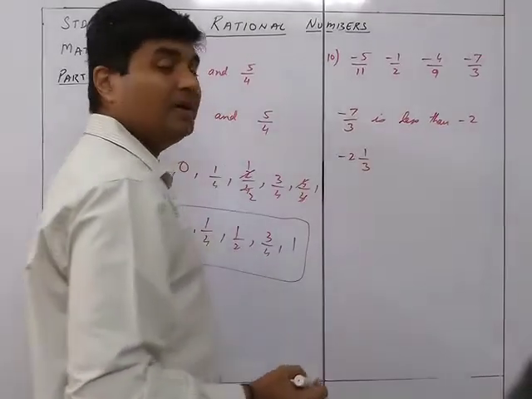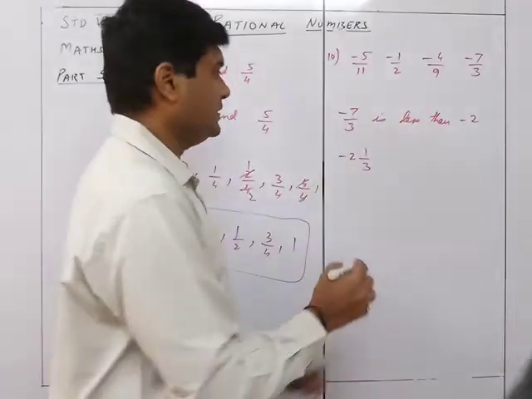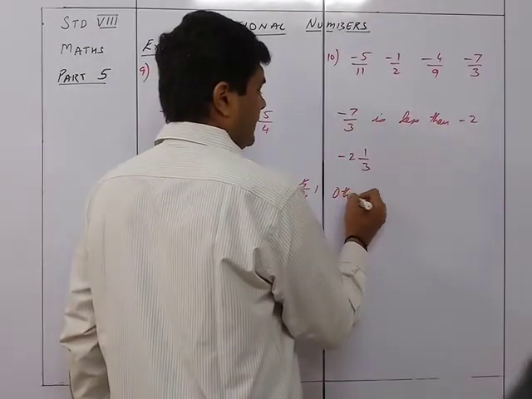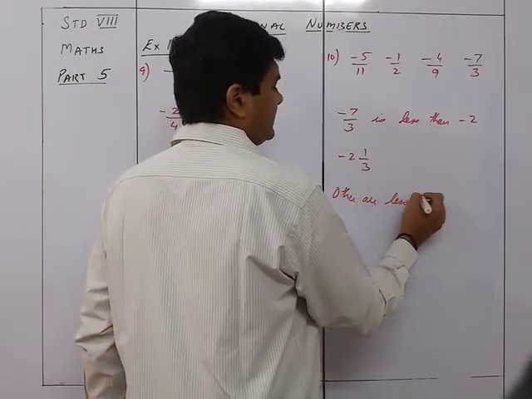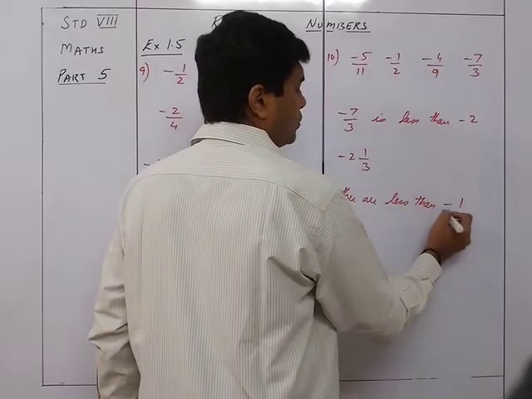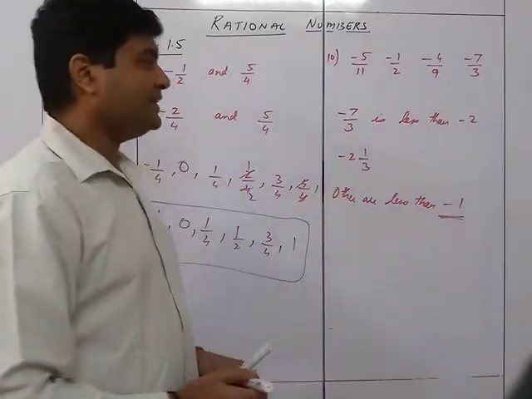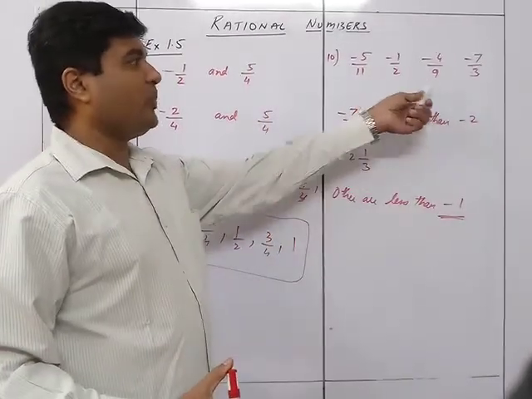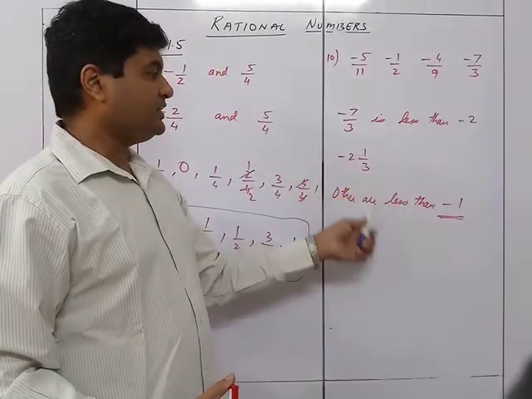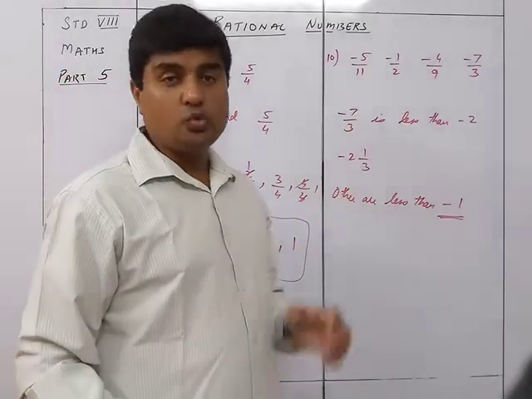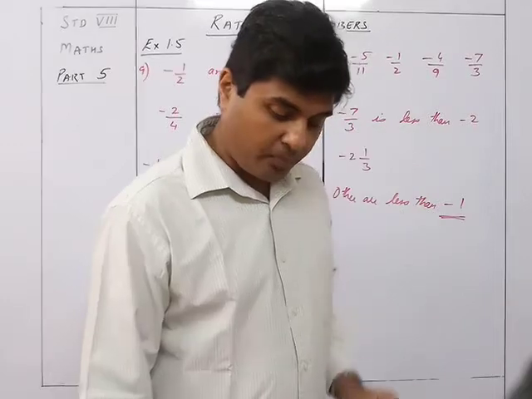Okay, so it is less than minus 2. All others are less than minus 1. Okay, others are less than minus 1 because they are all 0 point something. This is the only one which is less than minus 2 over here because it's minus 2 1 upon 3.